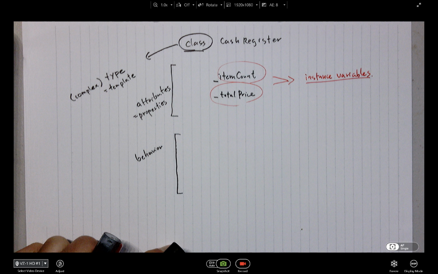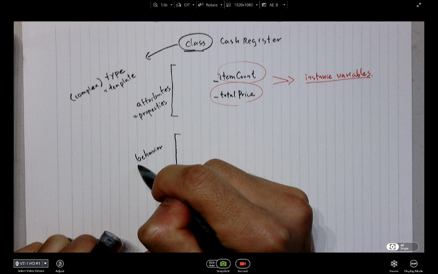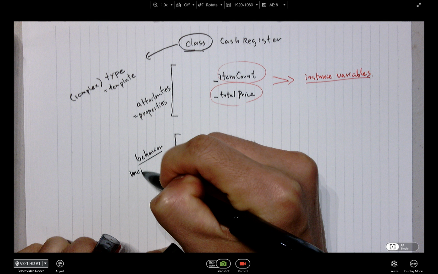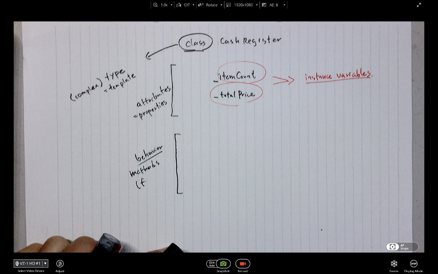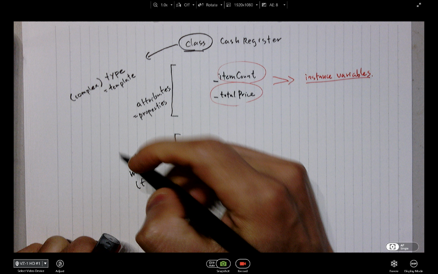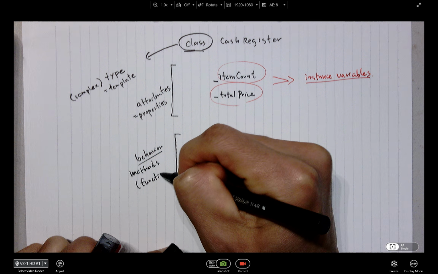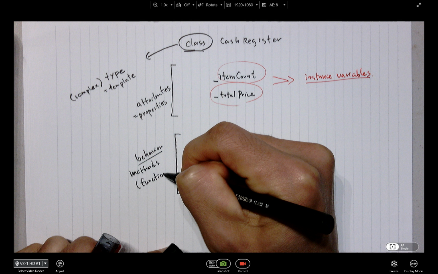But now let's just list a couple of methods, right? The behavior of this class CashRegister is implemented by methods. A method is really nothing but a function.